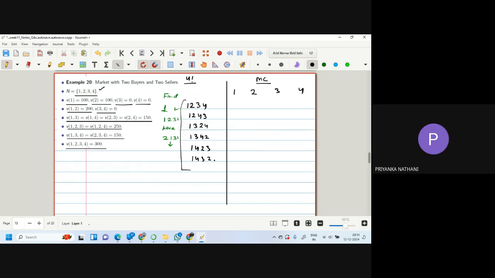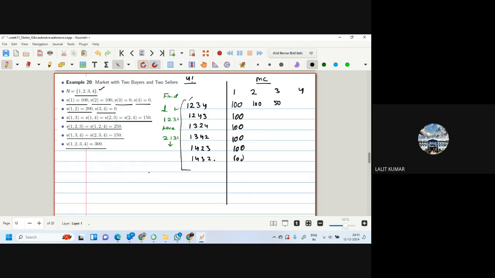First we write the value of 1 at the first position, so its value will be 100 everywhere. Now for 1 2, we check that 1 2 is 200, so 2 becomes 200 minus 100, 100. Now V123 is 250, so this becomes 250 minus 200, 50.